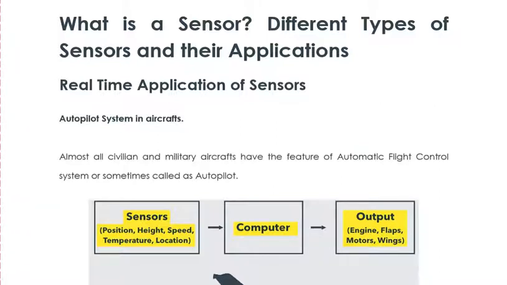So we know that we are living in the world of sensors. We can see different types of sensors even in our homes, in our school, our offices, even in our vehicles. They are working to make our lives easier, for example by turning on the lights if they detect our presence, adjusting the room temperature, or detecting smoke or even fire.